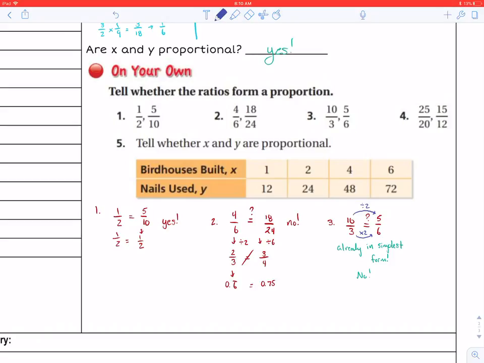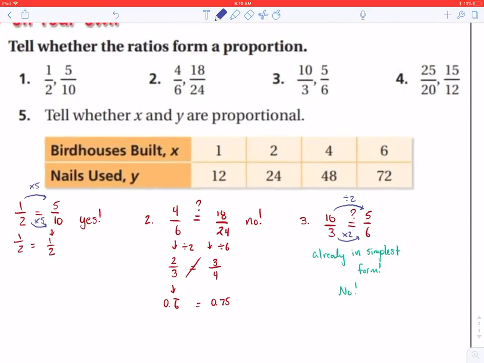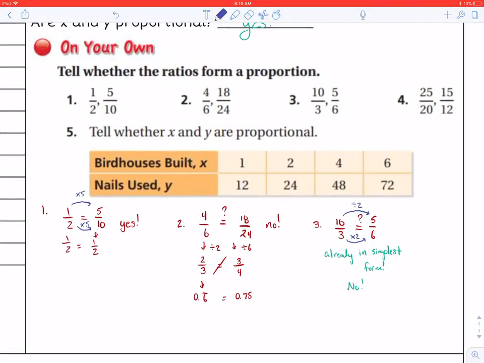Because, for example, going back to numbers 1 and 2, 1 to get to 5, you would multiply by 5, and 2 to get to 10, you would also multiply by 5. And so on that first example, you could see that we have the same operation, while on number 3, we have different operations. And because we have different operations, we would say that no, they are not proportional to one another. And they were already in simplest form also, so that facilitated our process.